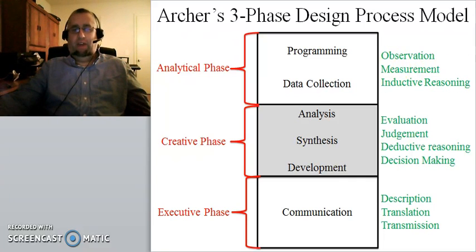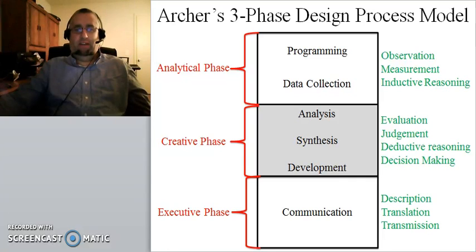So in the analytical phase, you are observing, measuring, and using inductive reasoning, essentially, again, to understand what the design constraints are and what the customer needs are, and to quantify them as much as possible so that you can use them later on in a down selection process to evaluate how well each of your solutions meets those design needs.